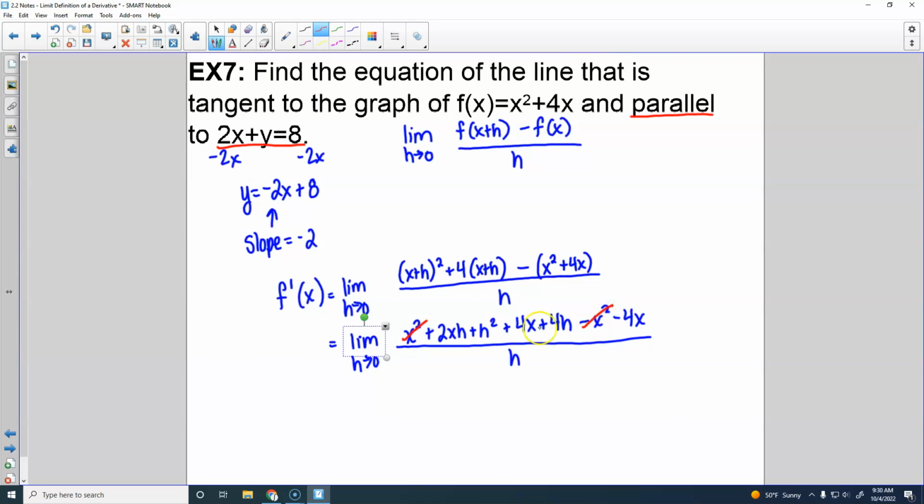x squared is going to cancel. The 4x's will cancel. If we factor out an h here, we've got 2x plus h plus 4 over h.